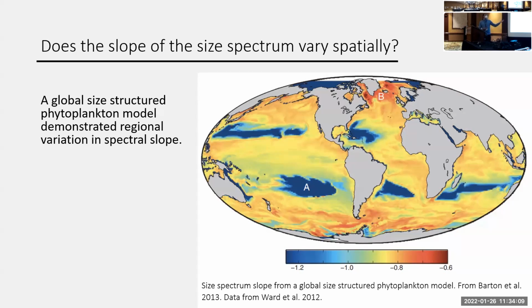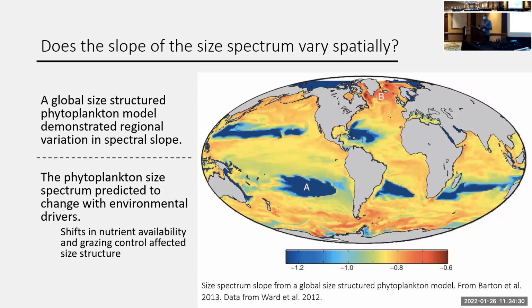We can see there is great spatial variability in this model output, with less steep slopes of the phytoplankton in the very high latitudes, and in the subtropical gyres we see very steep slopes occurring because there are generally fewer nutrients available. The findings of this model generally predicted that the phytoplankton size spectrum changes as a result of environmental drivers, including nutrient availability and grazing control.